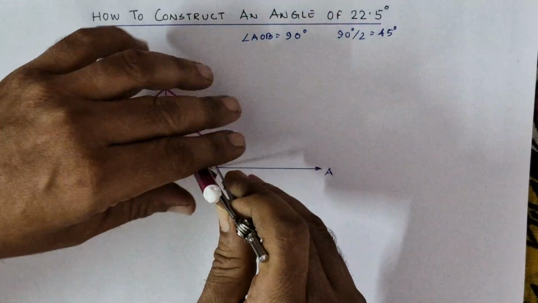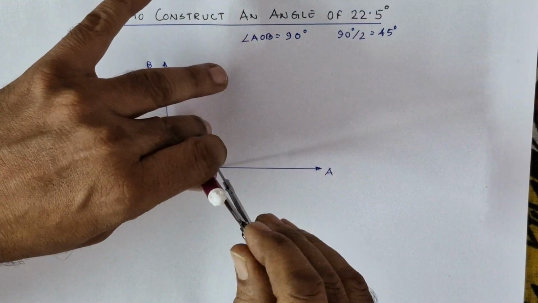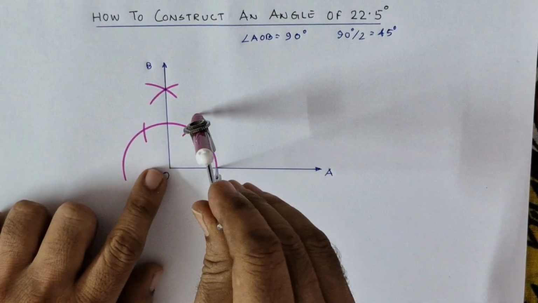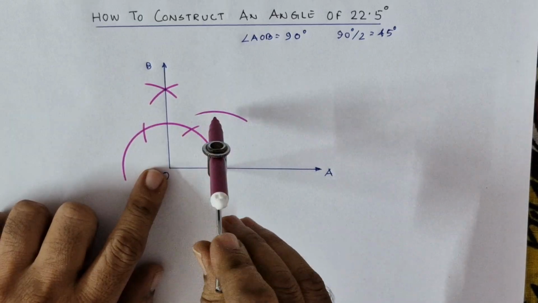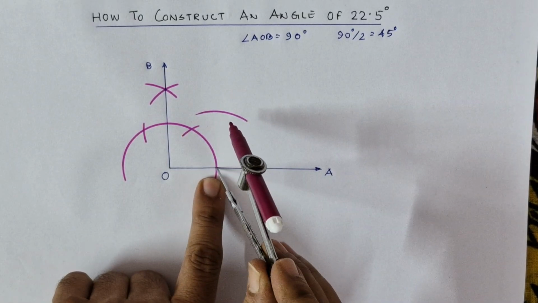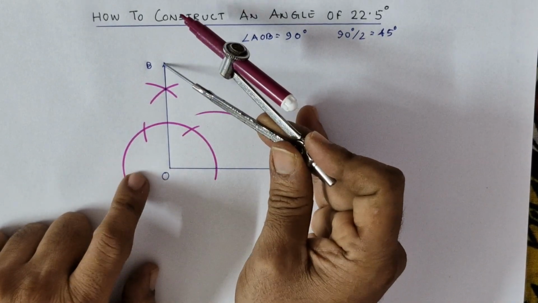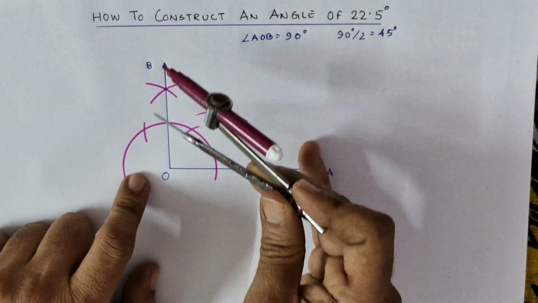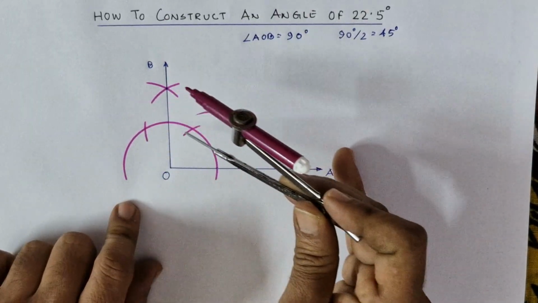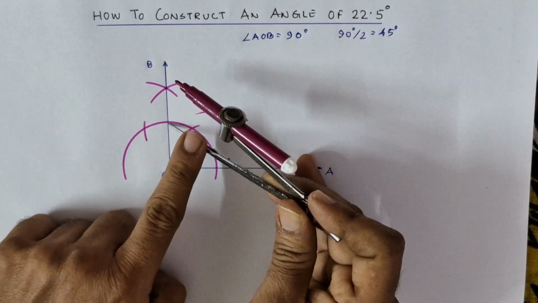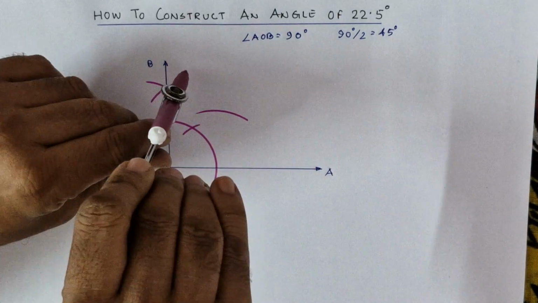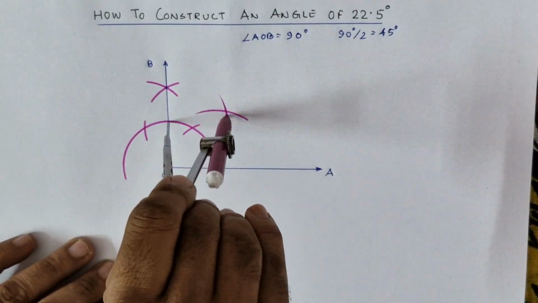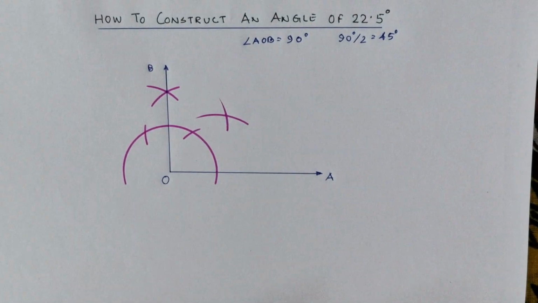So just increase a bit. Now draw an arc here pointing the needle here, and the arm of the 90 degree angle is intersecting the bigger arc at a certain point. So point the needle there and draw another arc to intersect the arc that you have just drawn.